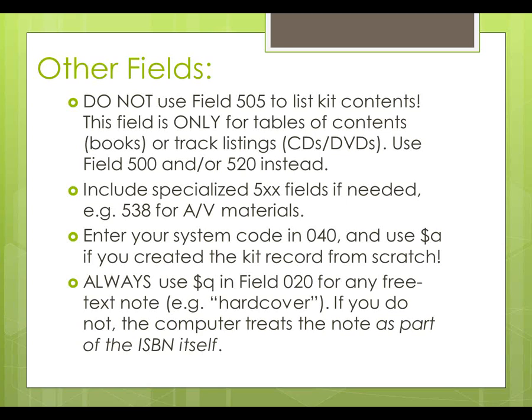Field 505 is used for tables of contents in books and track listings for CDs and DVDs. If you want to provide an itemized list of what's in the kit, and you should, use field 500 or field 520 or both, but 505 is not the right choice in that situation.